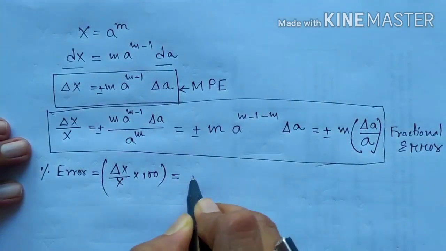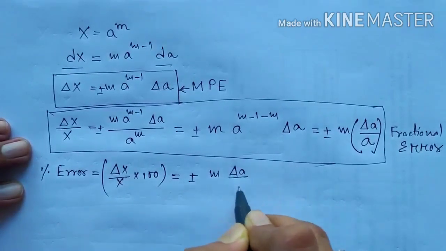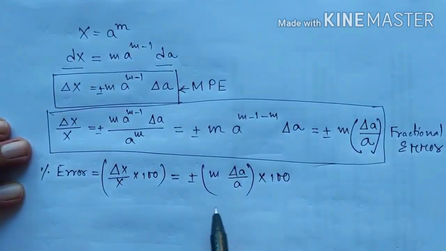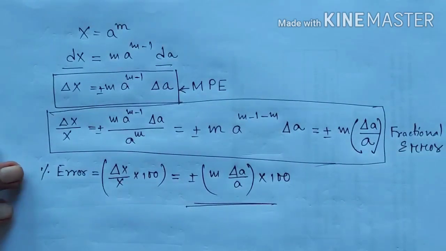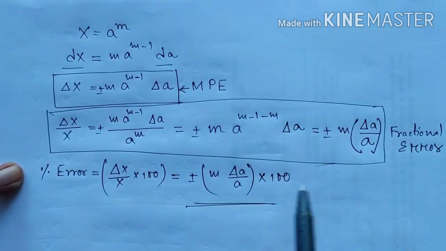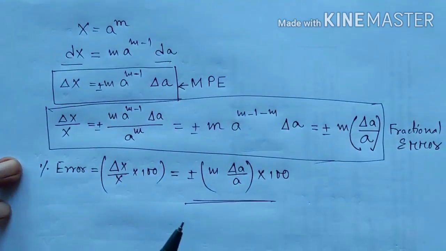So this will be equal to plus minus m delta a by a into 100. So this will give you the expression of percentage error. This is the expression of fractional error, and this is the expression of maximum permissible error.